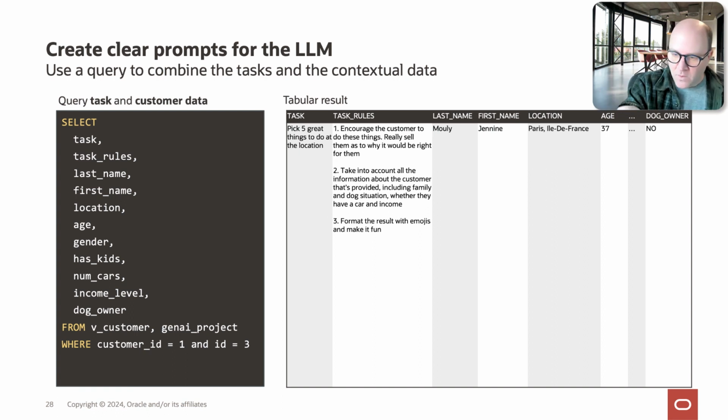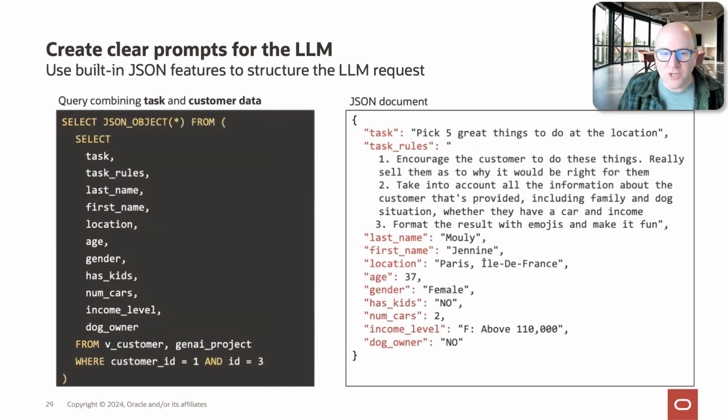But how do I take that query and pass it to the model to get the result? This is the beauty of Autonomous Database, and of things like JSON support. All you need to do is wrap that same query with select JSON object. Wrap that query within that function, and now you have a well-structured prompt to pass to the model.